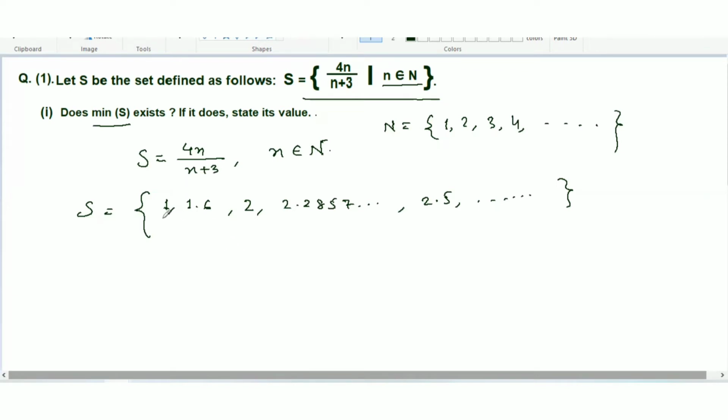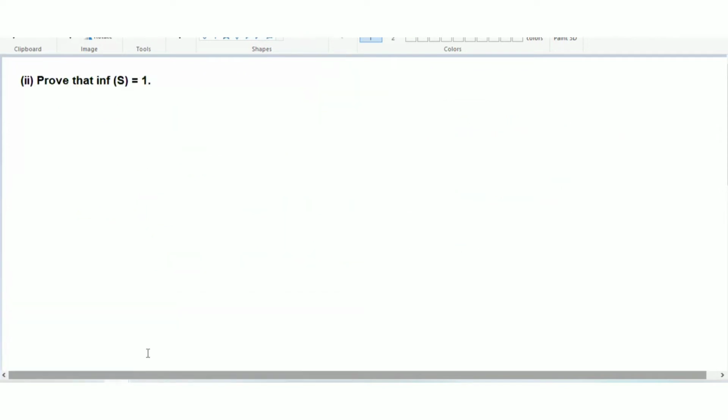So 1 is the minimum number here. Every number is greater than 1, so we can say that the minimum of set S exists and its value is 1.